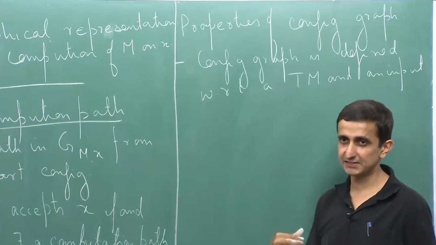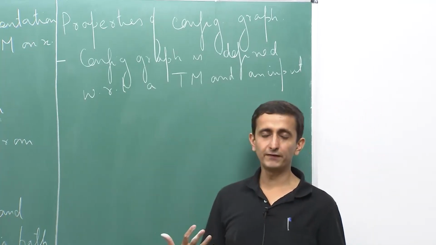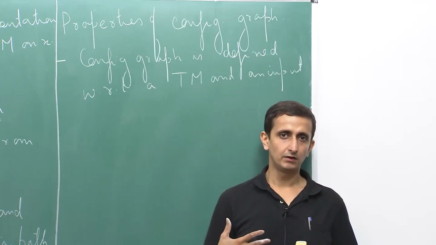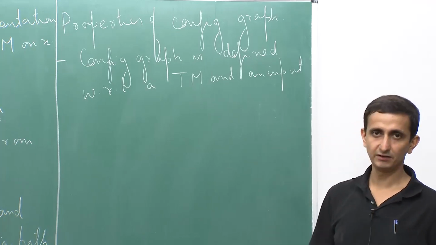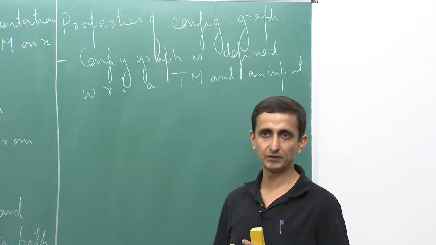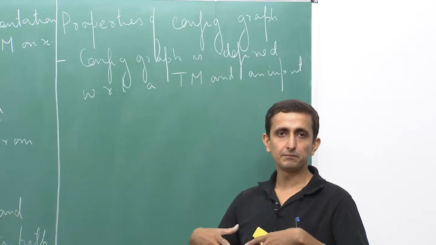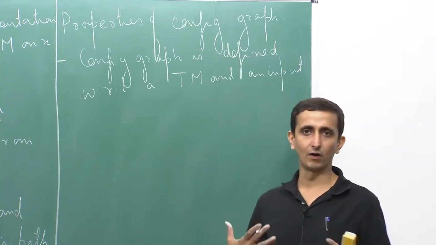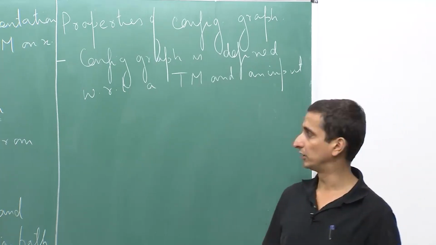This is just emphasizing what I said earlier: we cannot have a configuration graph of a Turing machine alone. That is incorrect. If we have a Turing machine and we fix an input to it, only then does it make sense to talk of a configuration graph. It is a function of two quantities, the Turing machine and an input to it. Given both of these, I can output the configuration graph.